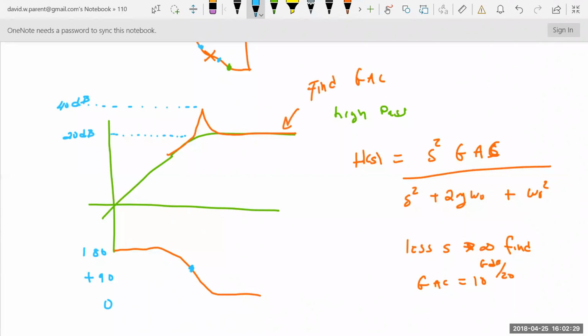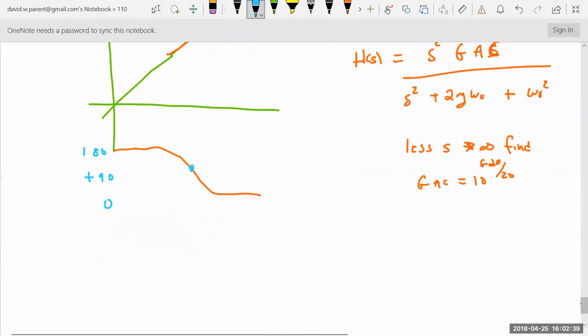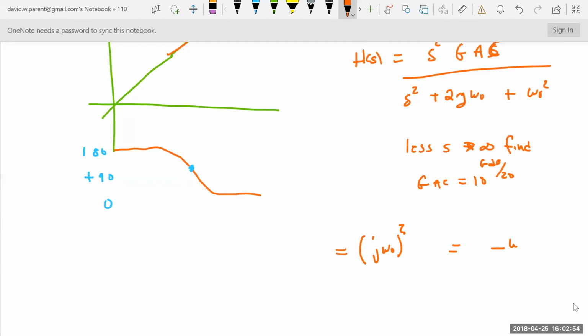Now I can substitute j omega, and let's just do it as a complex number review. All right. So what do we have on top? We have j omega squared, which equals what? Minus omega naught squared.